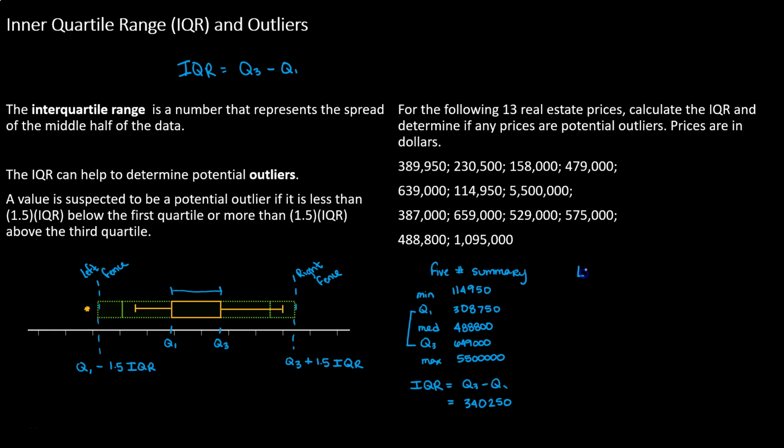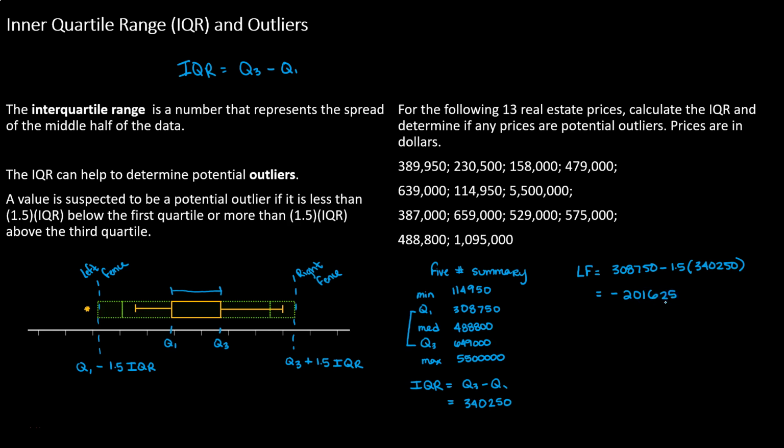For the left fence, I'll start with my first quartile, which is 308,750. Then I'll subtract 1.5 times my IQR, which is 340,250. For the left fence, we actually get a negative number, which means in order for us to have an outlier on the minimum side, we would have to have a negative number.